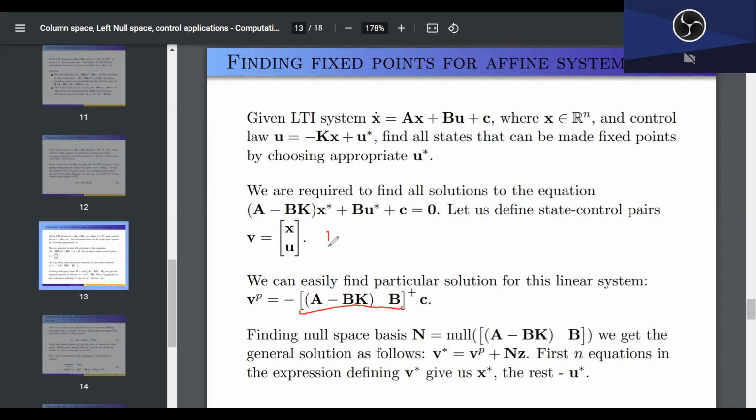I think it will be something like I minus B times the pseudo-inverse of B, and then here we'll have c, and this whole thing should be equal to 0.